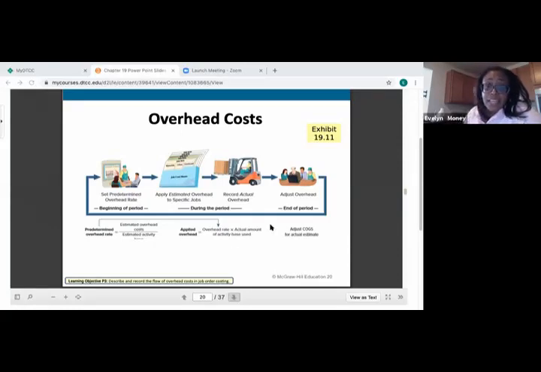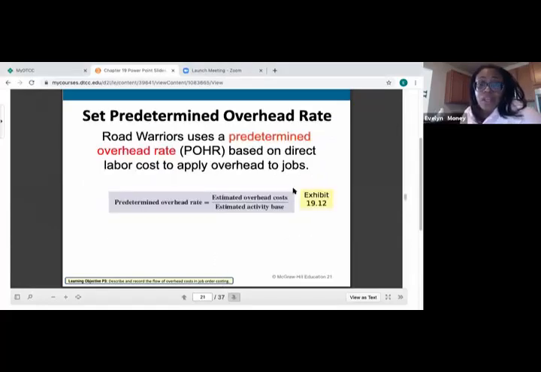On this slide, and it's a little difficult to see, but I think it's repeated again on the next slide, we use what's known as the predetermined overhead rate to help us estimate our overhead. The predetermined overhead rate is found by taking our estimated overhead costs, which will be given to you in a problem, and we divide it by some estimated activity.